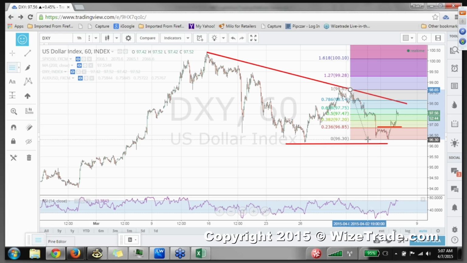Okay, so let me go ahead and do this. So let's figure out where. The 618 has capped us thus far. The 618 in the dollar index comes in at 97.75.